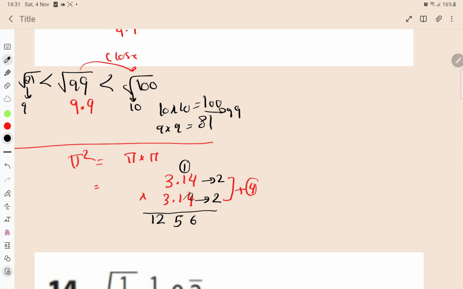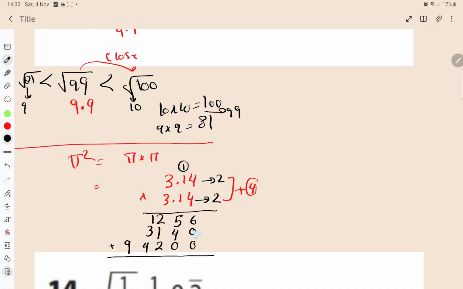Continue. I will move on to the 1. Put the 0 first. 1 times 4 is 4. 1 times 1 is 1. 1 times 3 is 3. Move to the 3. It has 2 places before it, so 2 zeros. 3 times 4 is 12. 2 and carry 1. 3 times 1, 3, plus 1, 4. 3 times 3, 9.